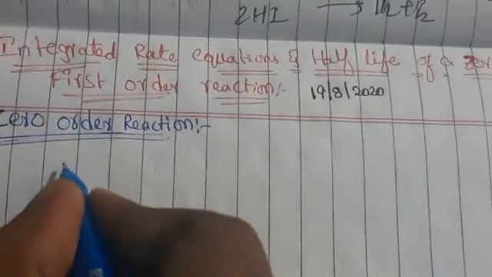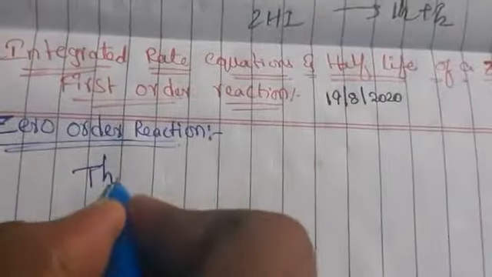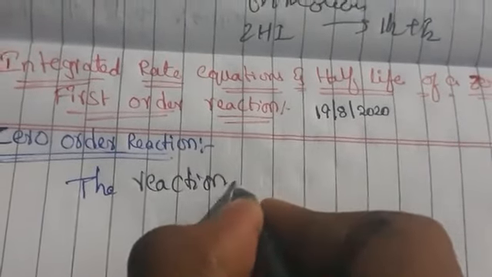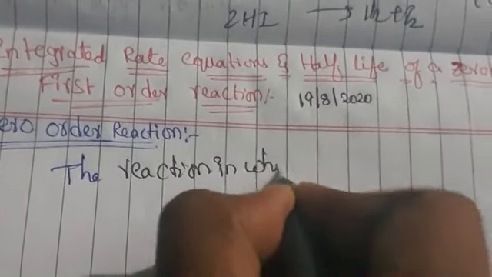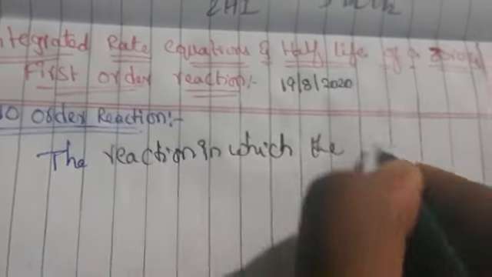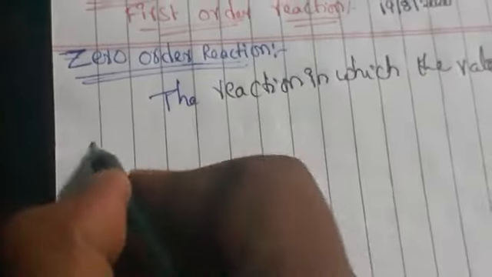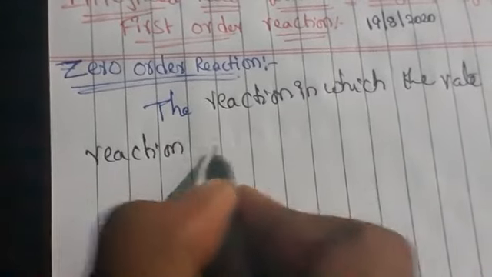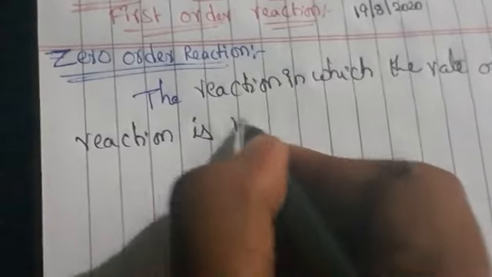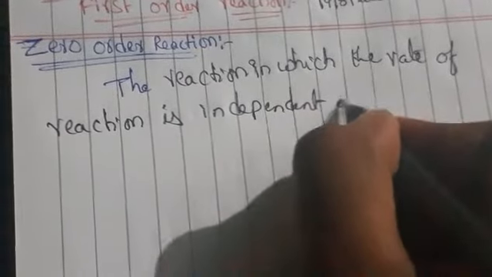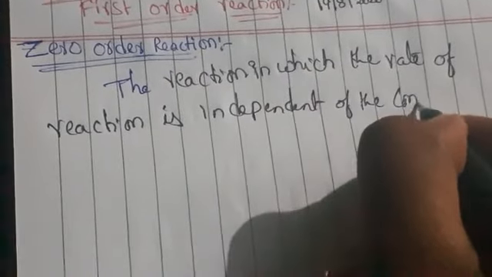Zero order reaction is a reaction in which the rate of reaction is independent of the concentration of reactants.